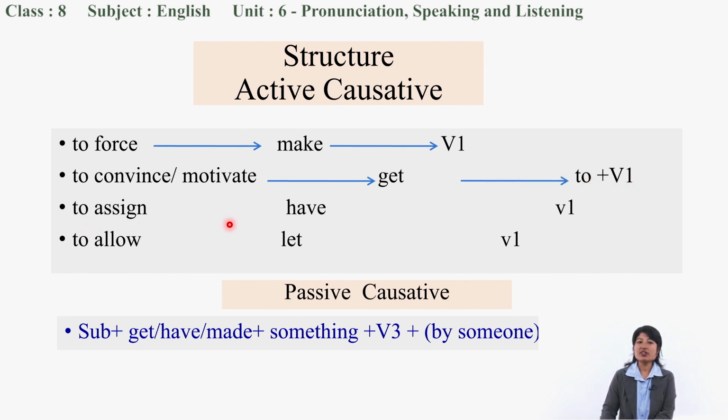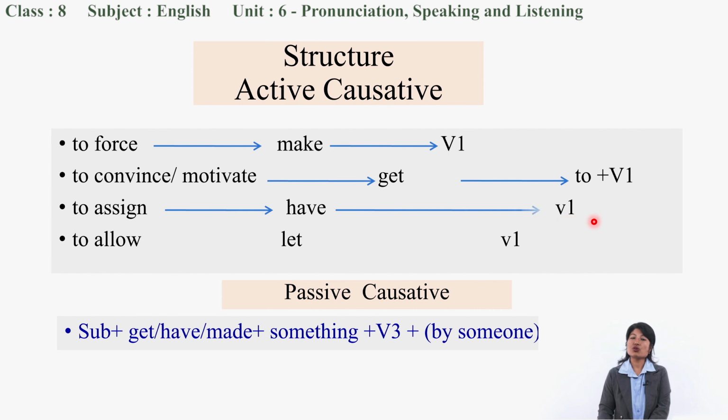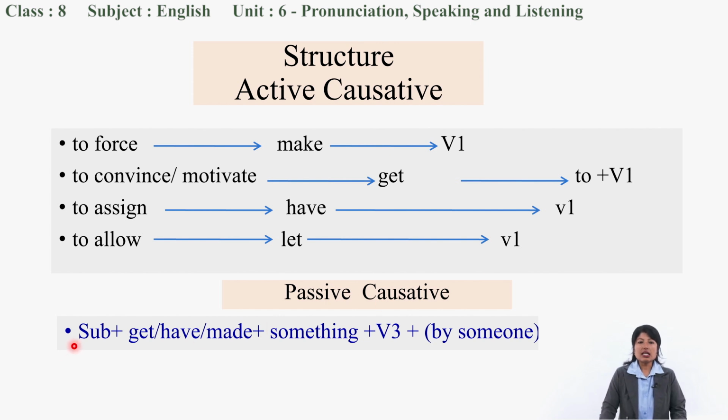Then when we need to assign something, we use have, and we use only the first form of the verb. And when we need to allow someone, we make use of let, with only the first form of the verb. Likewise, we have passive causative as well: subject, get, have, made. When there is something, we just use the third participle form of the verb.